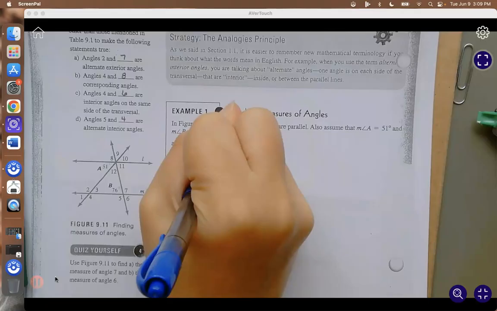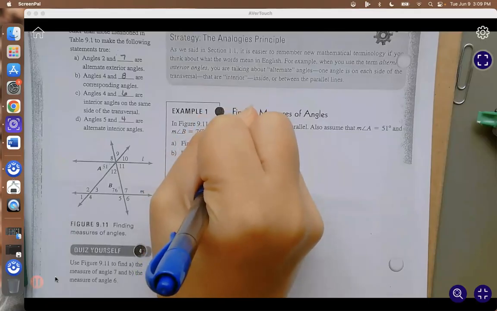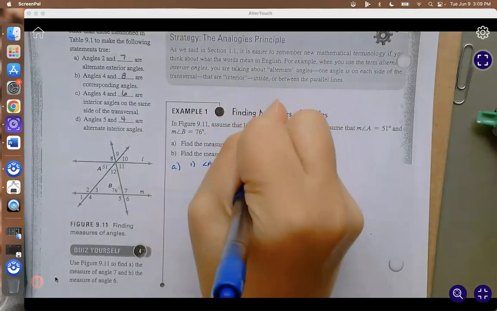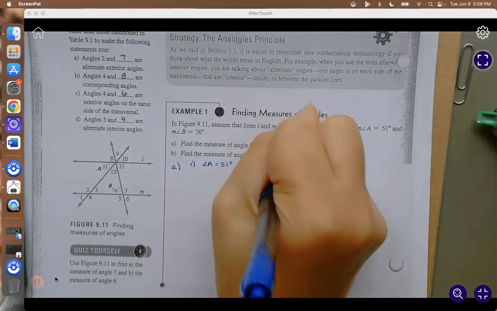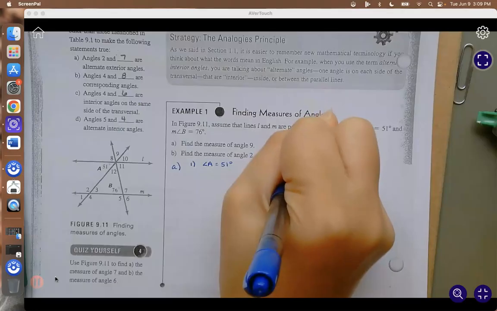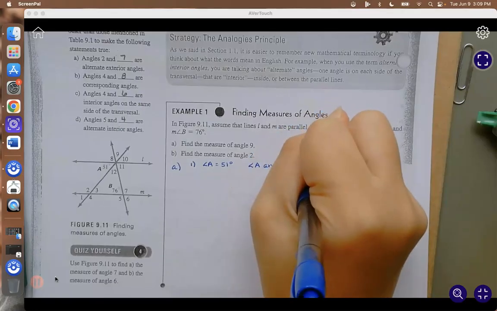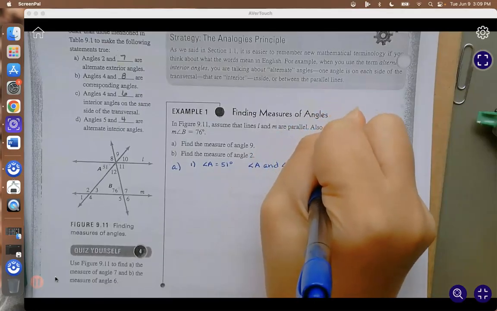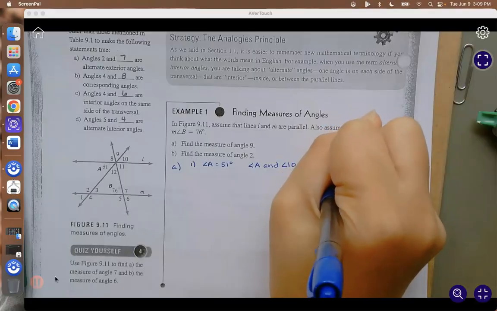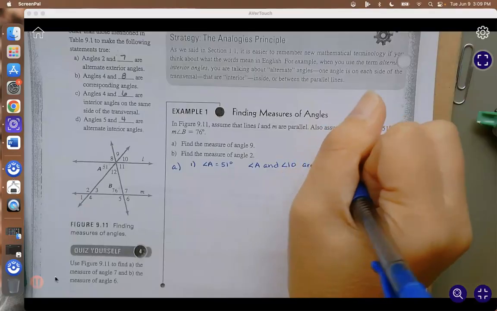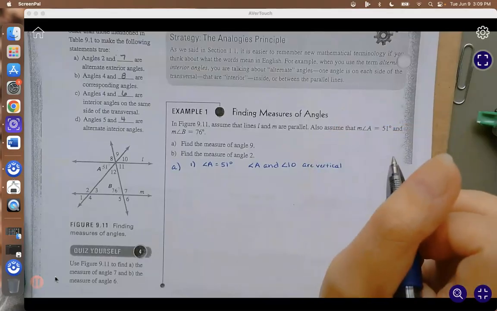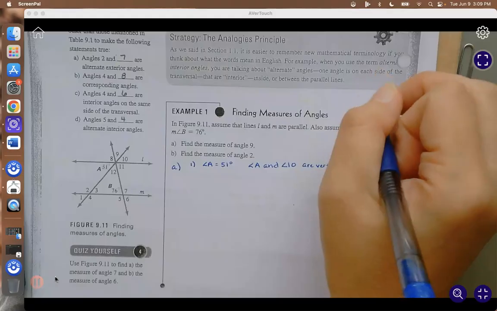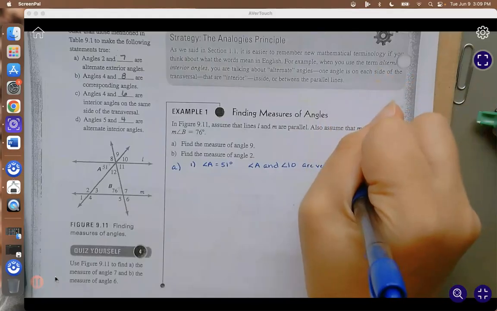So step 1. Angle A is 51 degrees. Angle A and angle 10 are vertical. So they are equal.